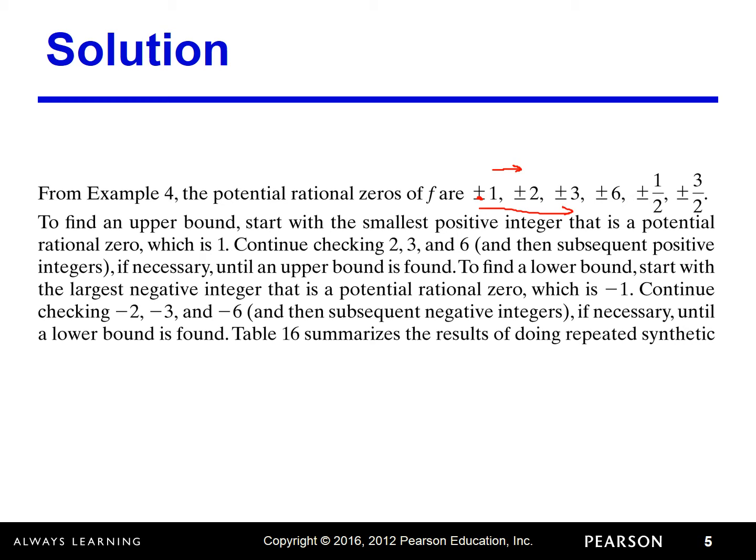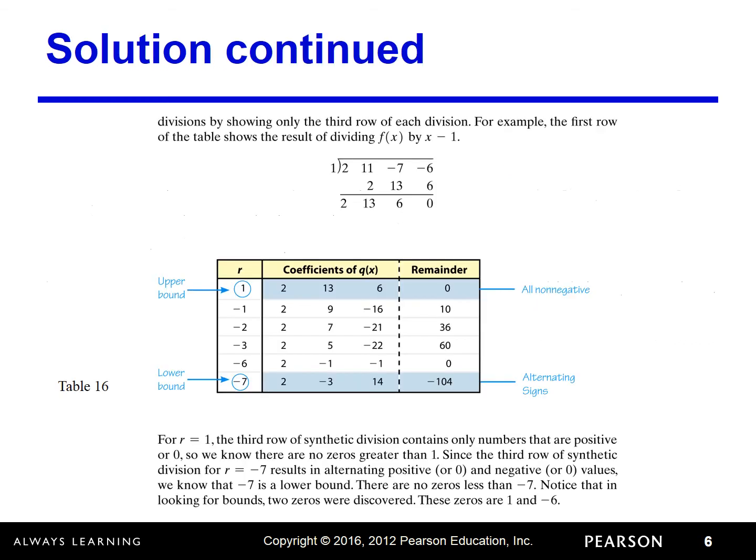Well, if you do all these synthetics, this is what you see for these various numbers. Okay, for example, you do the 1 and you run the synthetic, and what do we have? We have positive, positive, positive, and 0.